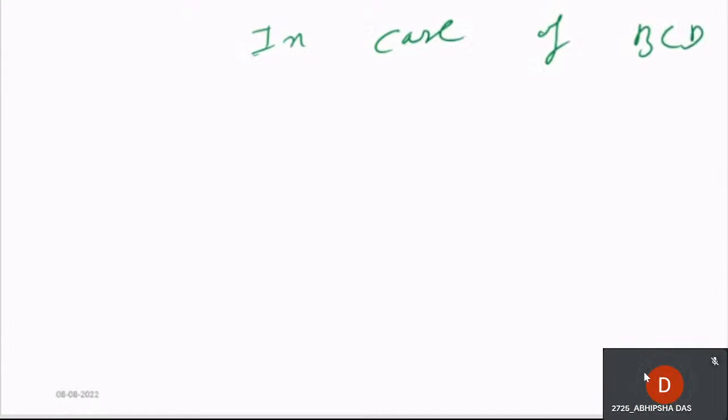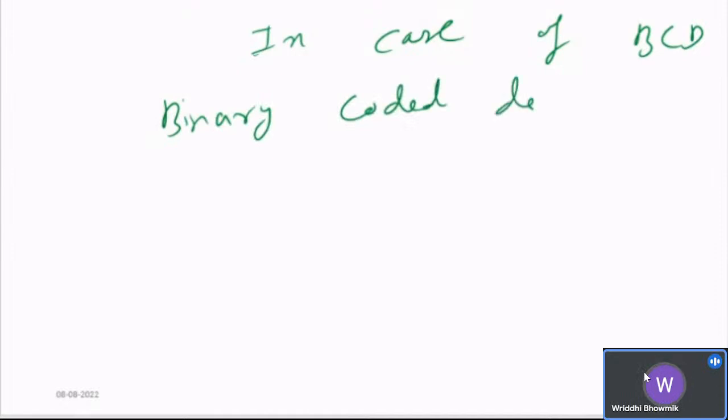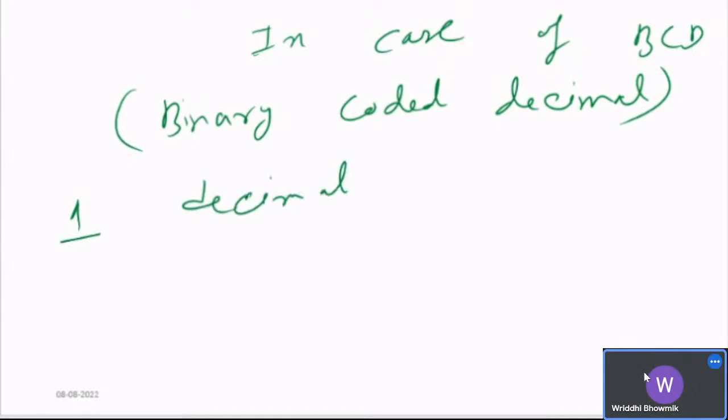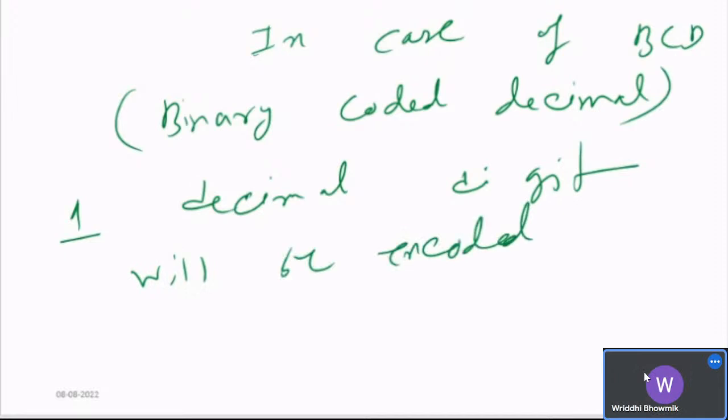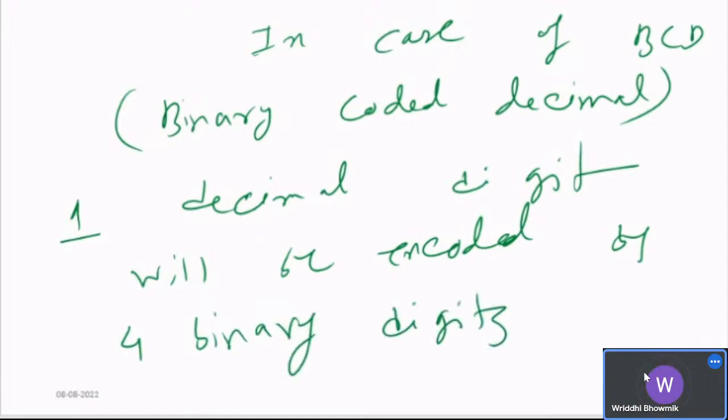But in case of BCD, which is binary coded decimal, one decimal digit will be encoded by 4 binary digits.